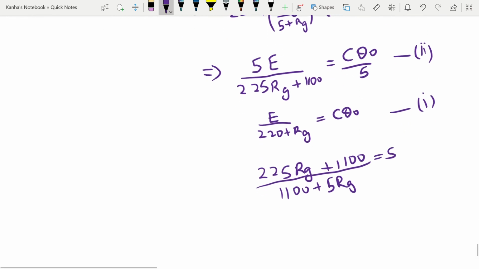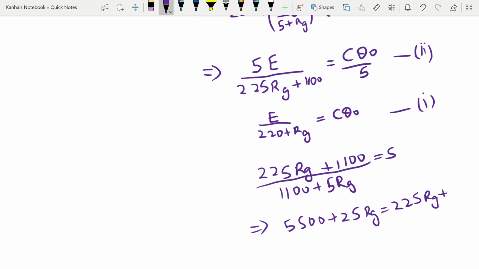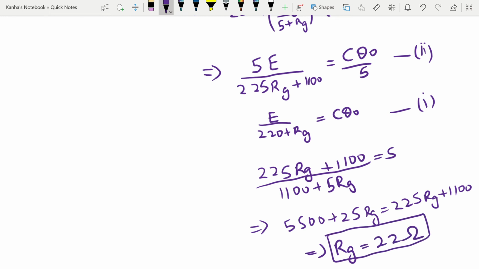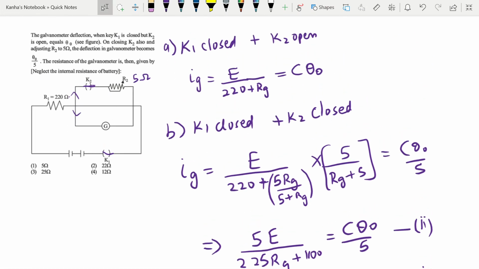If you just solve this linear equation, you will get 5500 plus 25 Rg is equal to 225 Rg plus 1100, which gives you the value of Rg to be 22 ohms, which is one of the options that has been given to you.